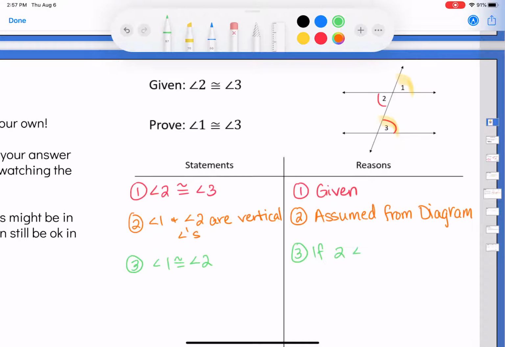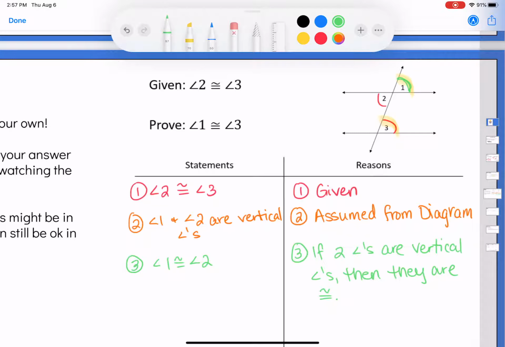If two angles are vertical angles, then they are congruent. So now I know that angle 1 is congruent to angle 2. Angle 1 is congruent to angle 2.